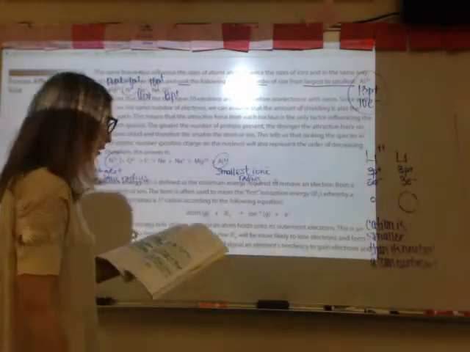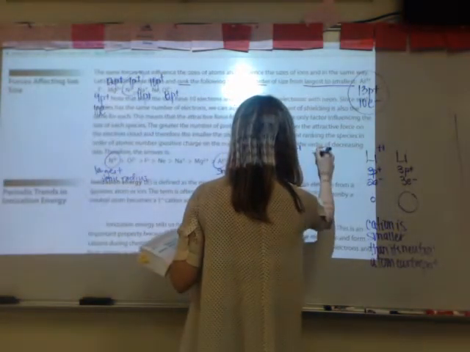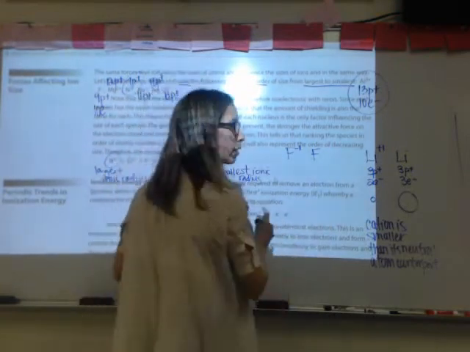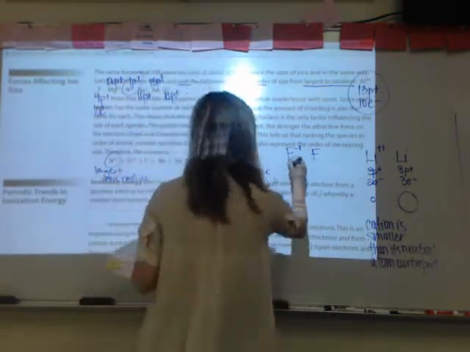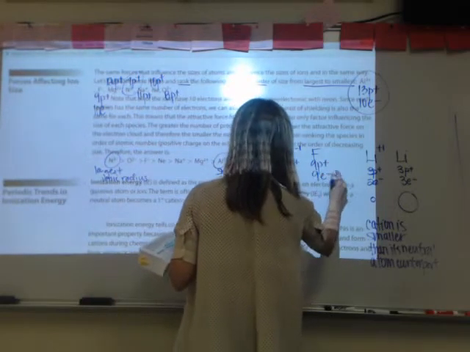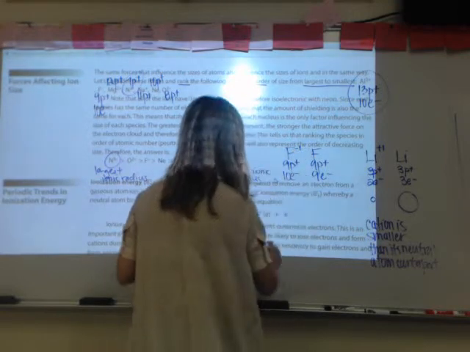Okay, and then if I'm talking about a fluoride ion versus a neutral fluorine, fluorine has 9 protons in each. Neutral has 9 electrons. This gained one, so this has 10 electrons.